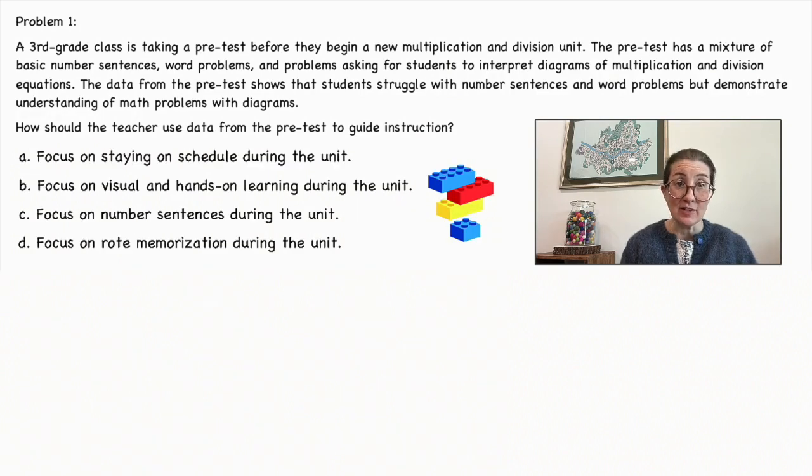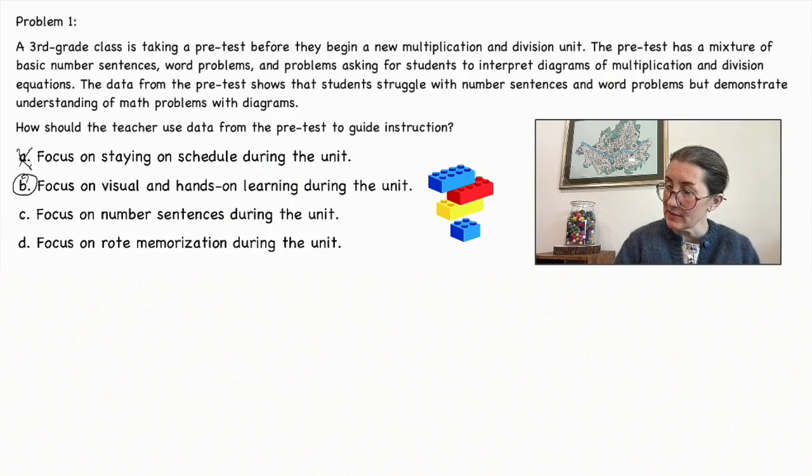Focus on staying on schedule during the unit. That is probably a given, so we can eliminate that. Focus on visual and hands-on learning during the unit. That sounds like a very good plan. Focus on number sentences during the unit.